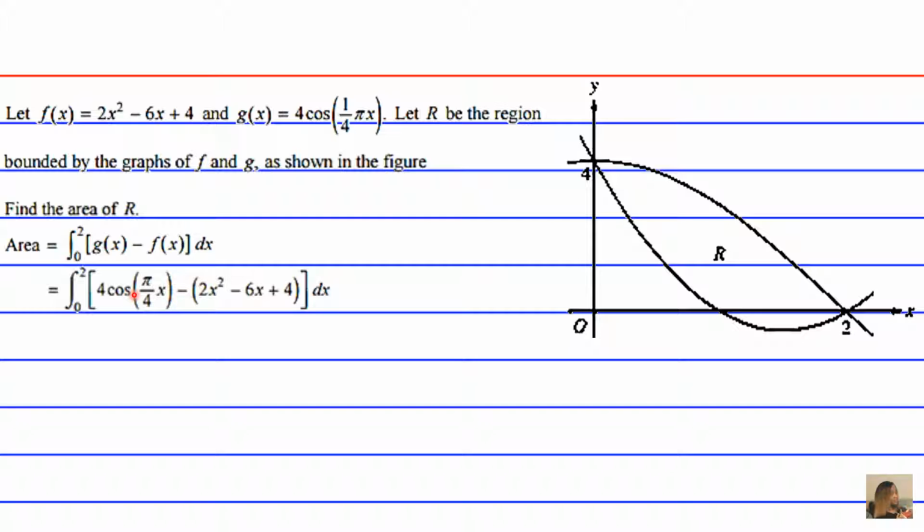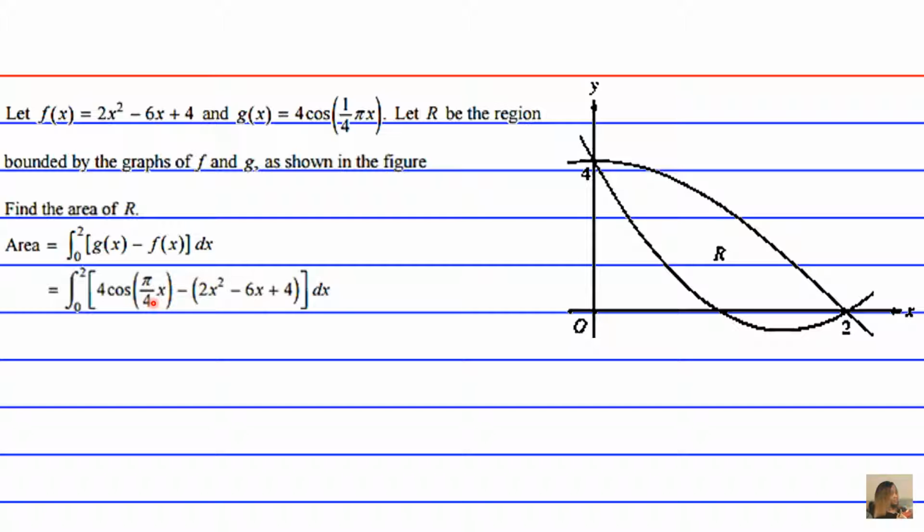We're going to let u equal pi over 4 x. If you didn't know, now you know that this is what you have to do. You integrate the outer function, which is the cosine. And whenever you integrate cosine of something, you get the sine of that something.